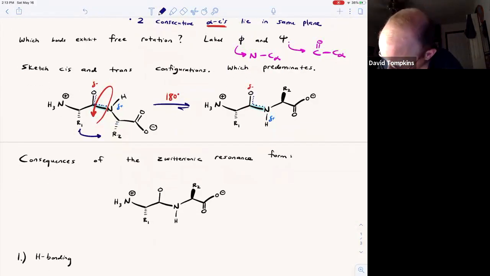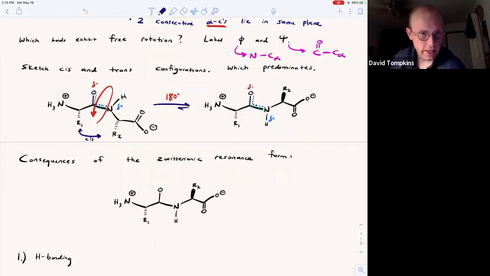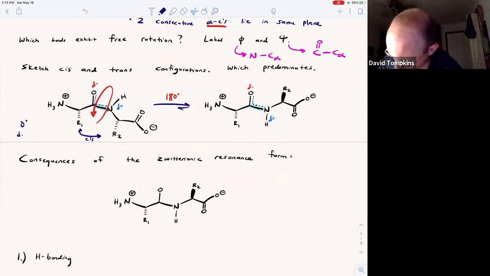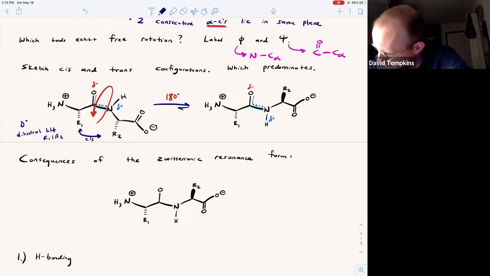One where these R groups are cis to one another with a dihedral angle of 0. And then the other one, we've now rotated 180, where they're trans.